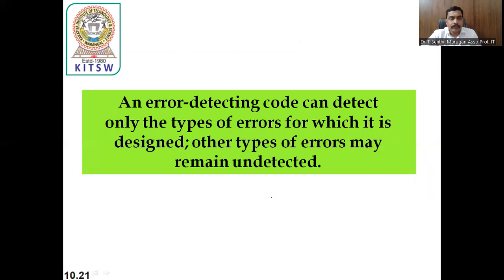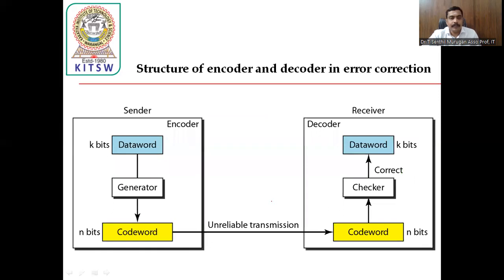An error detecting code can detect only the types of error for which it is designed. Other types of errors may remain undetected. Now the structure of encoding and decoding in error correction. In the previous diagram, if the checker finds no problem, it extracts the data.